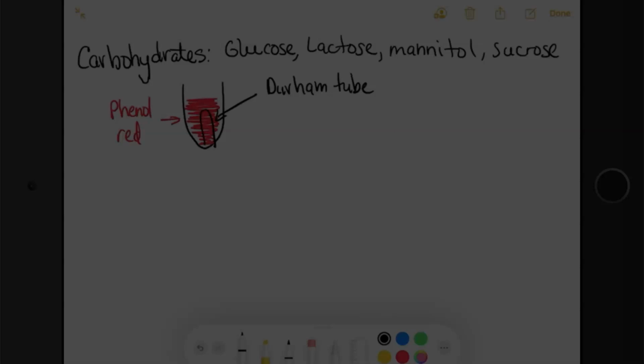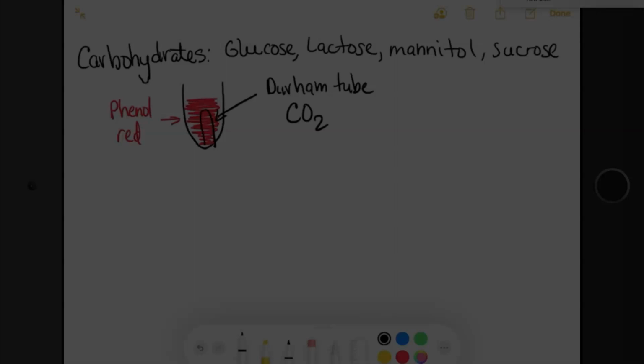What does fermentation mean anyways? It means that the bacteria is utilizing these sugars. Sometimes when the bacteria ferments or utilizes these various sugars, it also produces gas. Sometimes it doesn't. If it does produce gas, that gas is in the form of CO2.